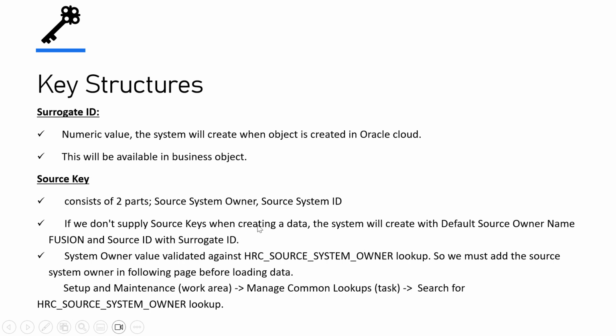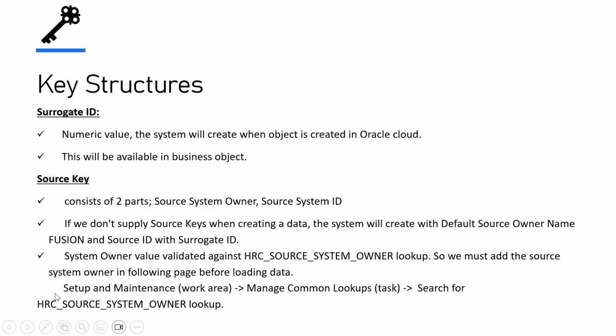Suppose you're passing a value in the file for source system owner. That will be validated against a lookup, HRC source system owner, which has lookup values for this. The system will validate the value we send in the file against this lookup.